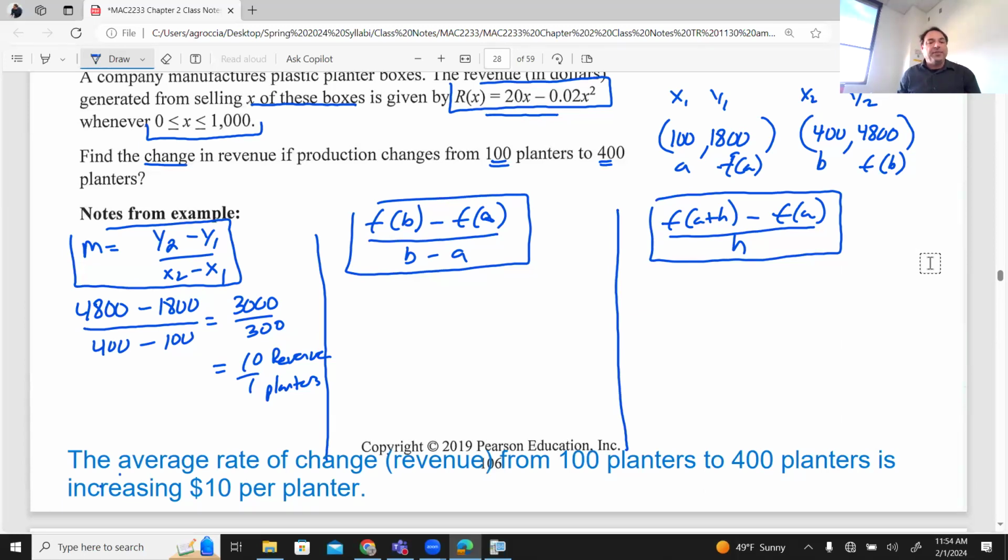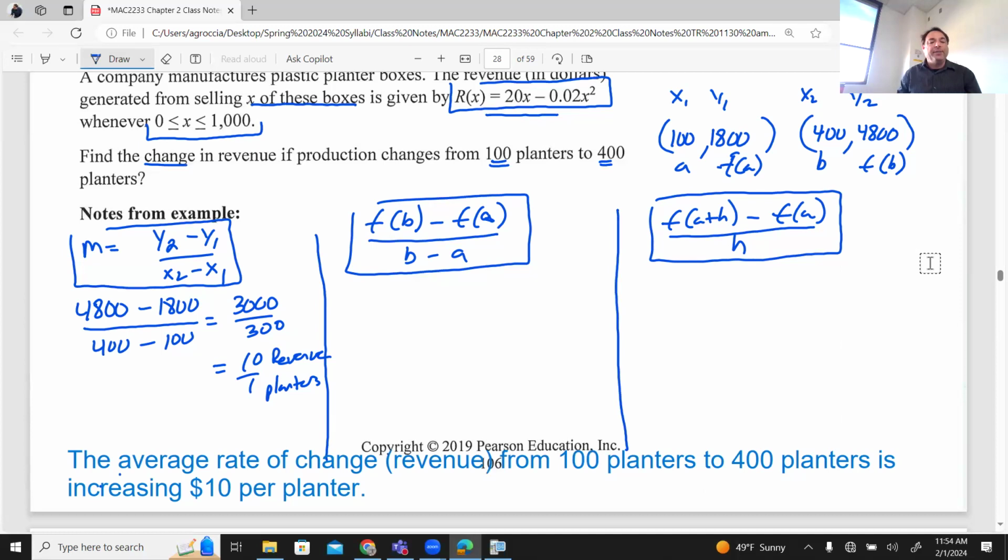It's basically the same thing. So f of b, where b is 400, minus f of a, where a is 100, over 400 minus 100.